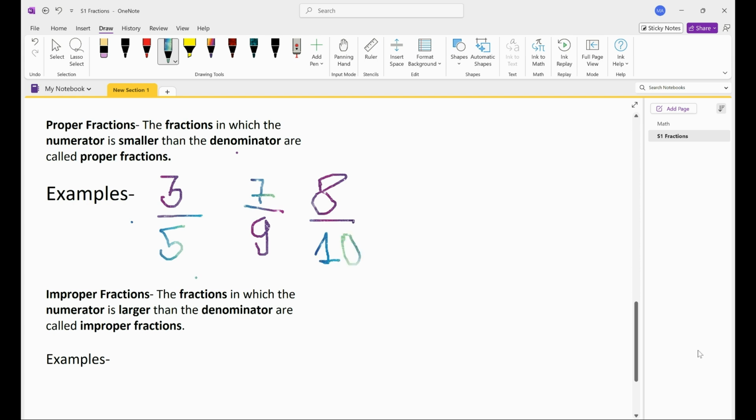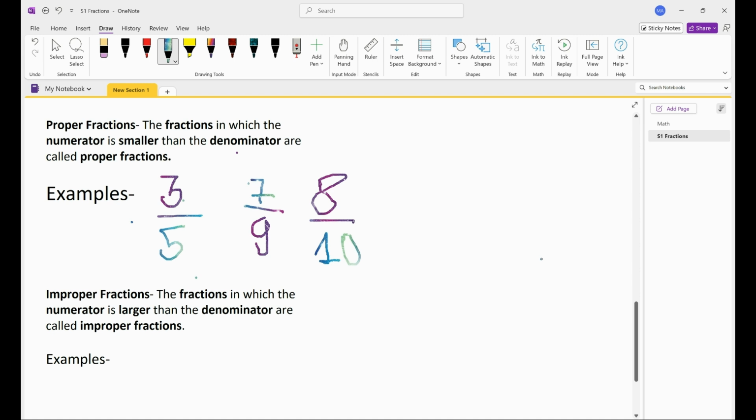Now, these fractions, you see, their numerators are smaller than their denominators, so all these fractions will be called as proper fractions.